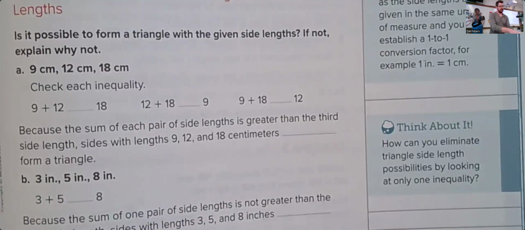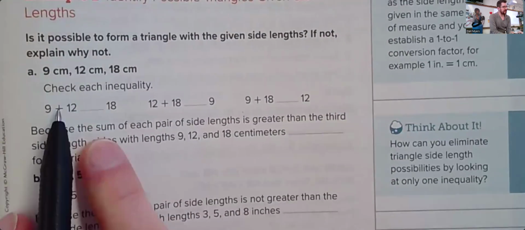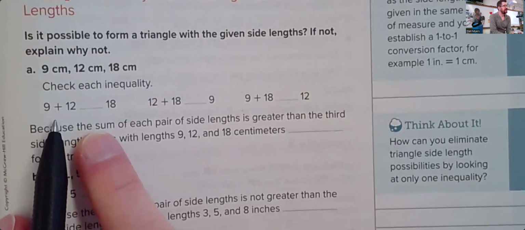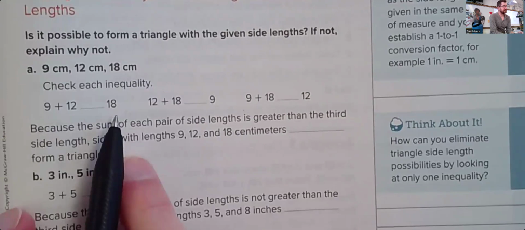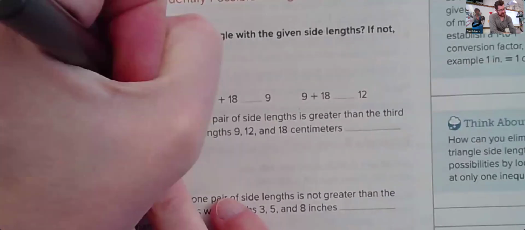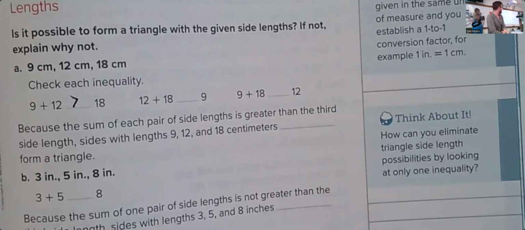So, 9 plus 12, what does that add up to? 21, okay. Is 21 greater than 18? Yeah, all right, so 21 is greater than 18. This is page 387.